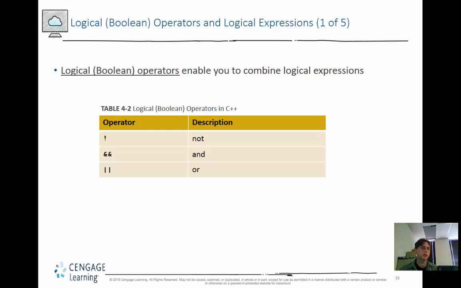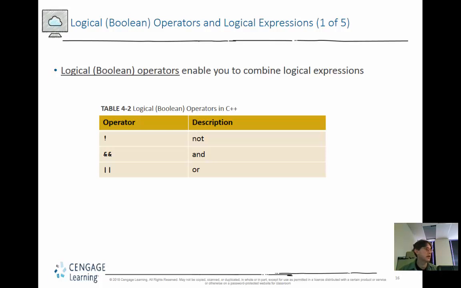And we can do that with logical operators. So you've got your relational operators, like greater than, less than, equal to. And then you've got your logical operators. These are the three main logical operators that we're going to be dealing with in this class. We've got the not, the and, and the or. Okay? So a not is just an exclamation point. And I'll show what that does in just a second.